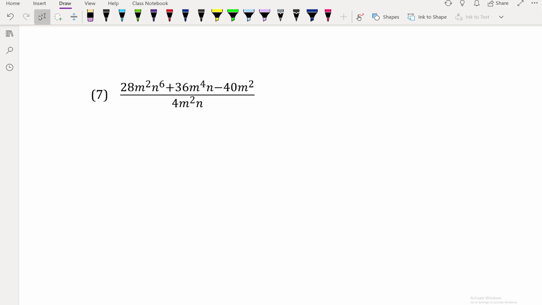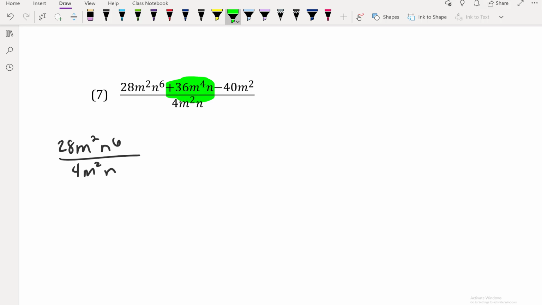So number 7 is very similar, where I am going to be separating it into my 3 different fractions. And remember, those 3 fractions are going to have the same denominator, okay? So I'm going to go ahead and separate it out. So 28m squared n6 over 4m squared n.